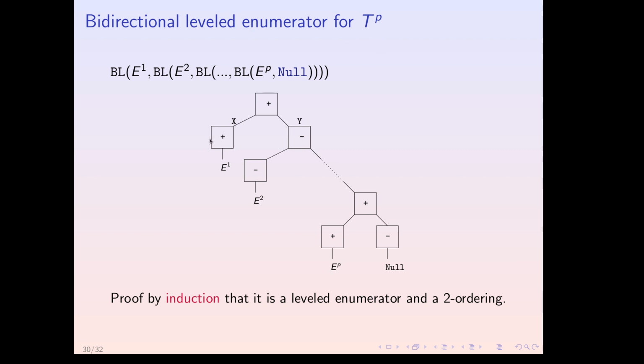So here we put all the enumerators of the product, and we combine them with the bidirectional level product. And we put here a trivial enumerator that enumerates just one tuple of length 0. So we can now do a proof by induction to show that this is a level enumerator and a 2-ordering. So we have reached our aim to have a 2-ordering of the Cartesian product.